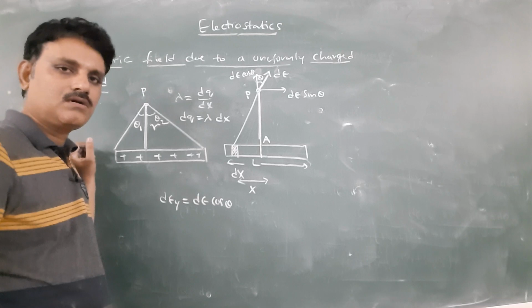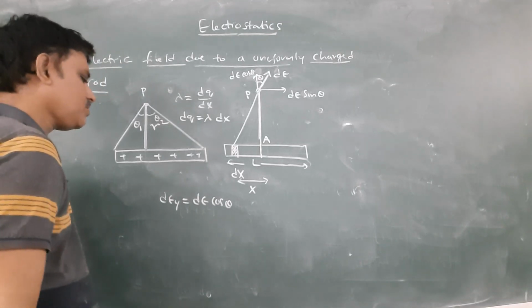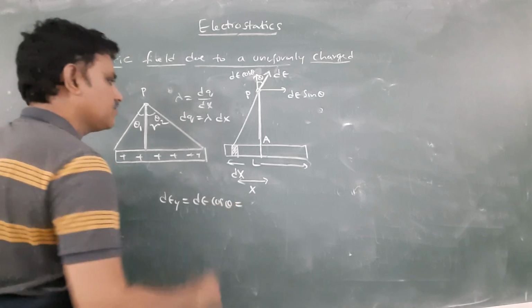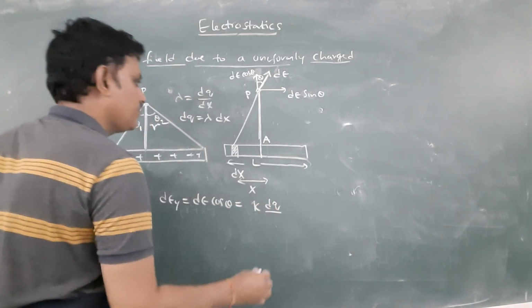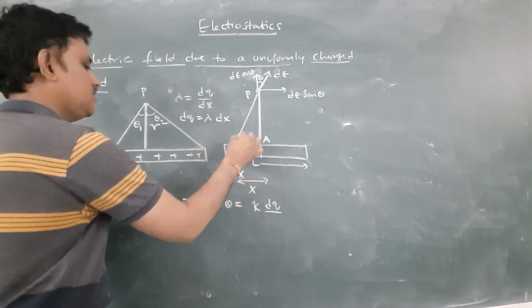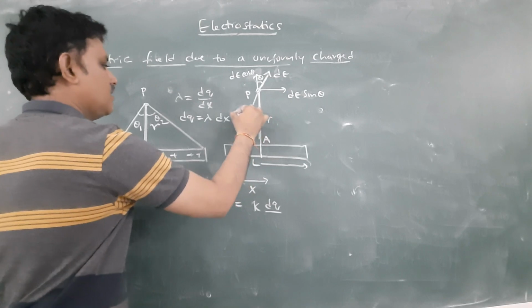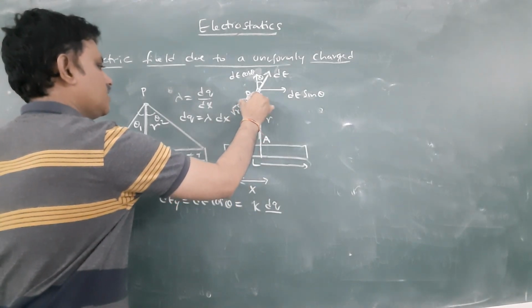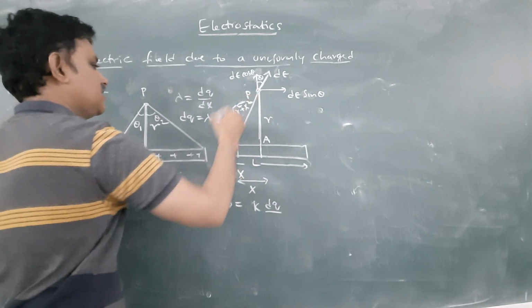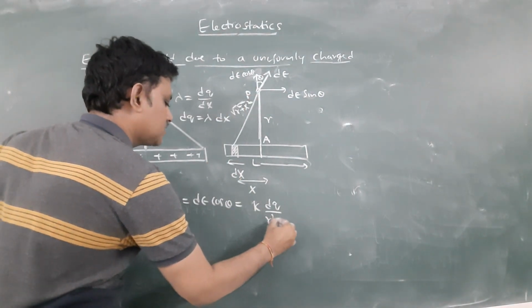So we are going to calculate the component Ey. So dEy is equal to dE cos theta. So dE means k into dq by distance squared. Here what is the distance? Here this is x, this is r. So the distance is root of r square plus x square, so dE is k into dq by r square plus x square.